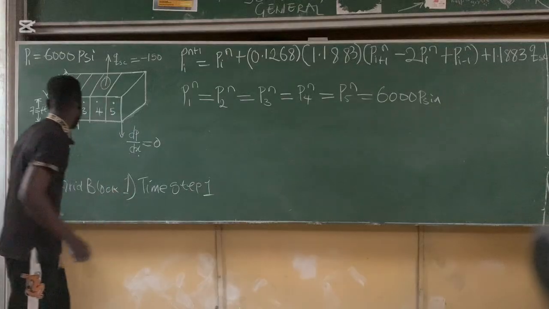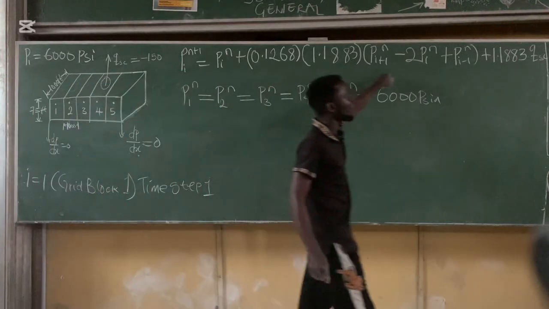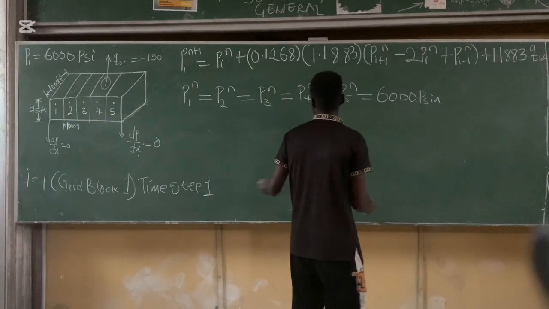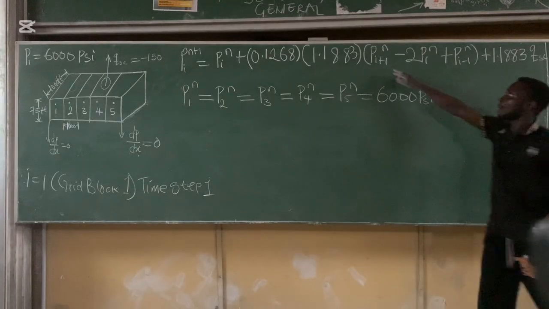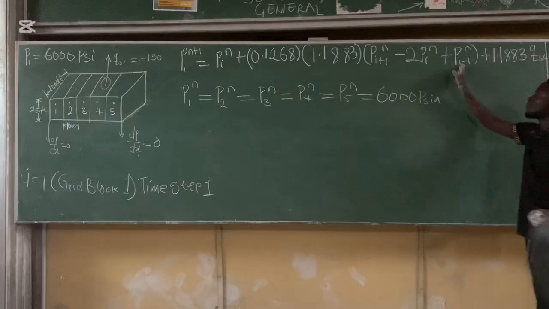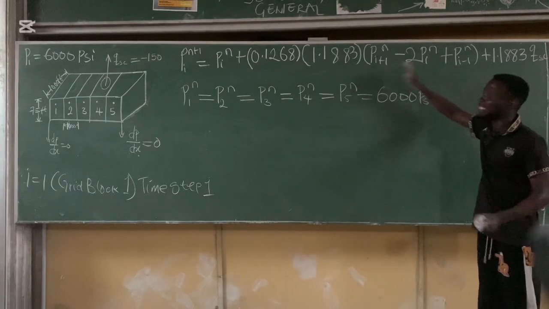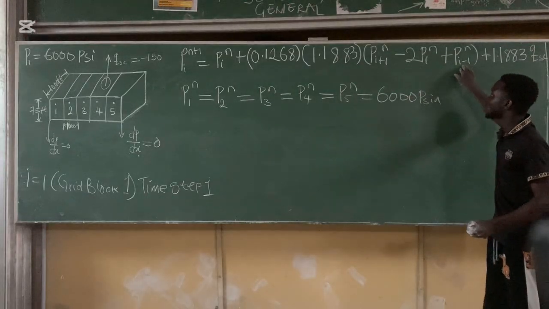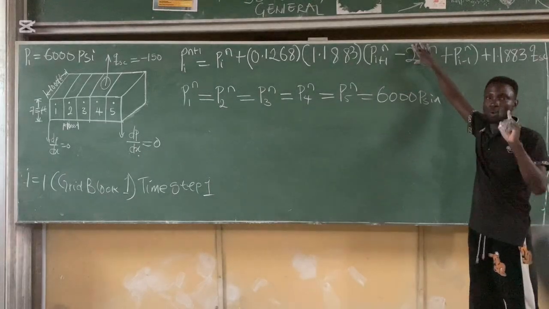So if that is the case, if i is equal to 1, what becomes our equation? Before we substitute i equal to 1, if you look at what we have here, we have Pi plus 1 and Pi minus 1. If any of these two pressures is 0, if this one is 0 and this one remains, or if this one is 0 and this one remains, these two here automatically change to 1 instead of 2.